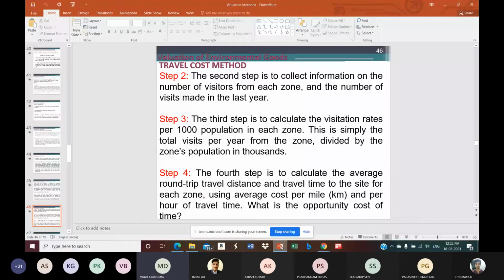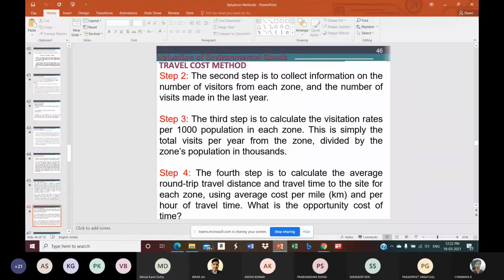So how many visits are made from the zone divided by the total population of the zone. That ratio, that rate, will tell us the frequency of visits from that zone to a particular site. That will be given by this visitation rate.